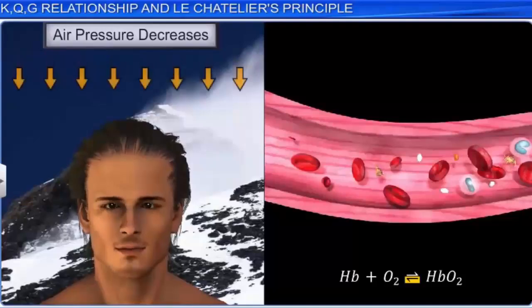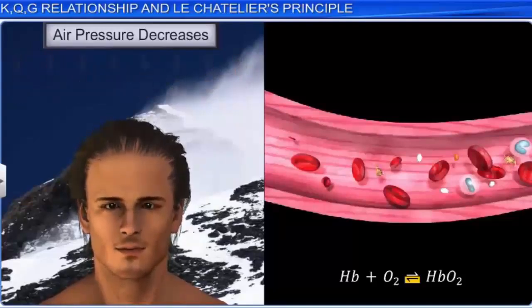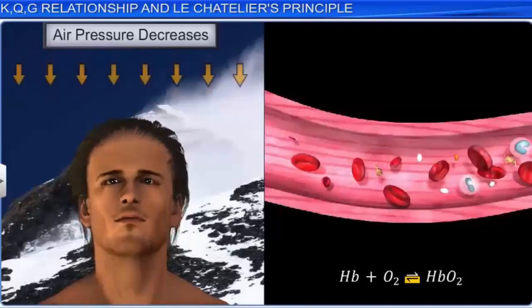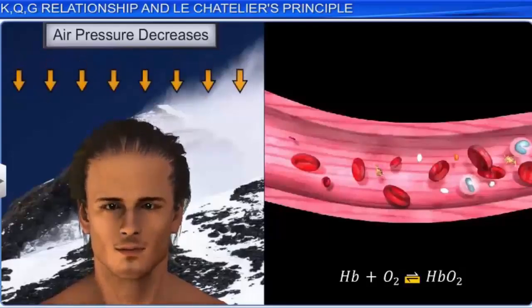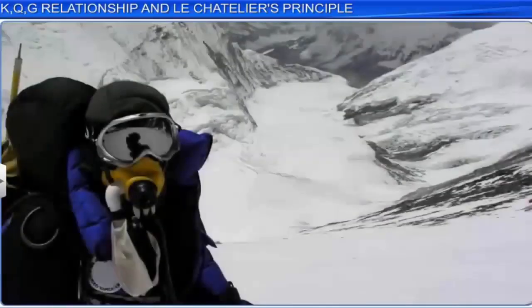Due to the insufficient supply of oxygen to the body's cells and tissues, a person tends to feel lightheaded. Therefore, to shift the equilibrium to the right, towards oxygen, pressurized oxygen has to be introduced from an oxygen tank. Hence, mountaineers carry oxygen cylinders with them when they climb high mountains.